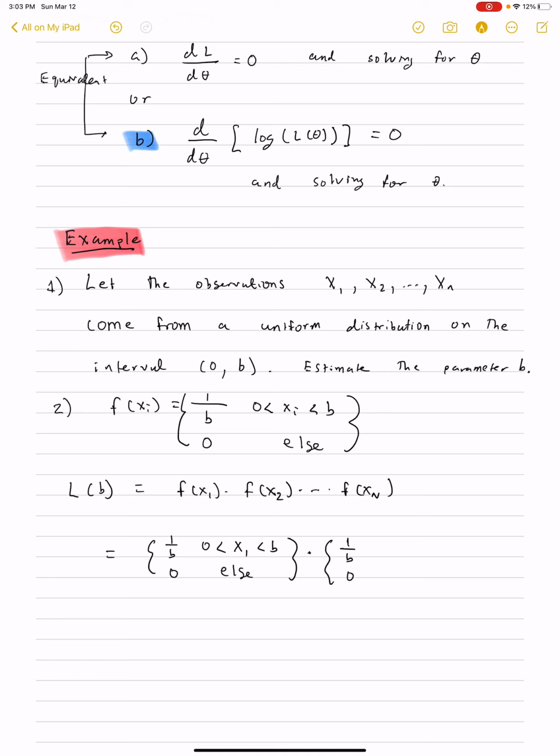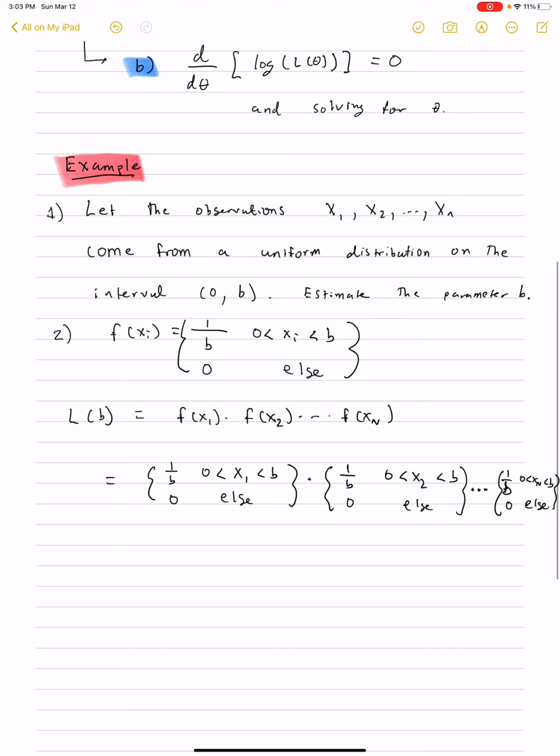Otherwise, it's 0, where x2 needs to be less than b. We keep multiplying like this. 1 over b, 0 else, x sub n is less than b, and then it's 0 else.